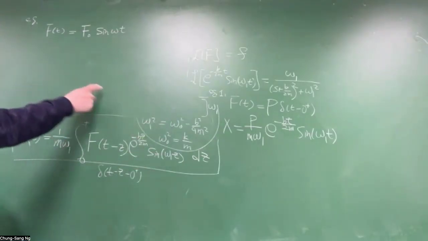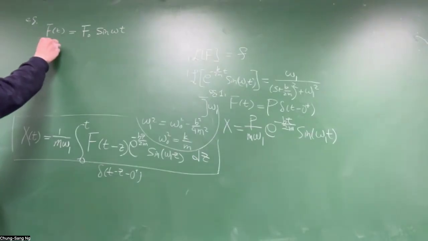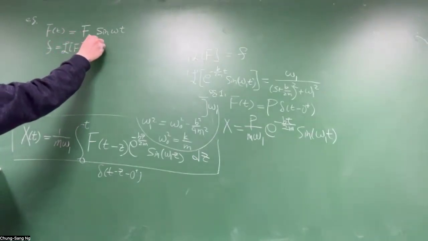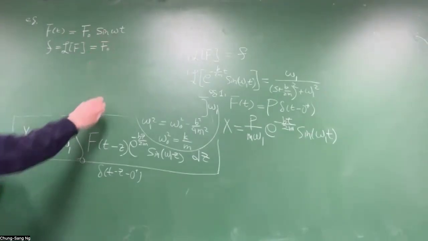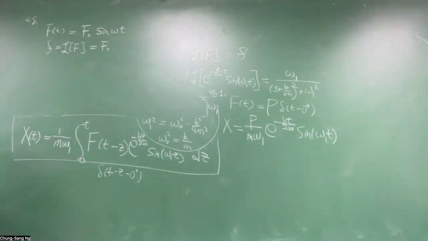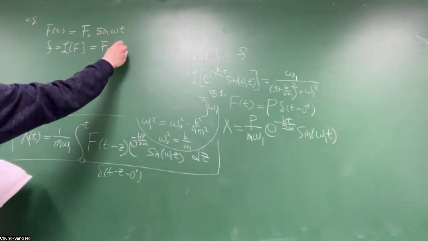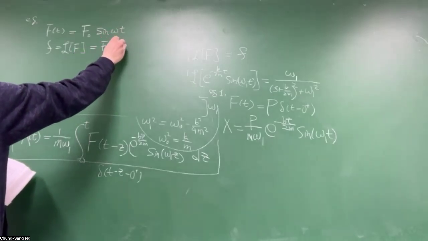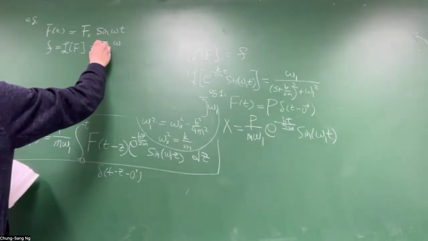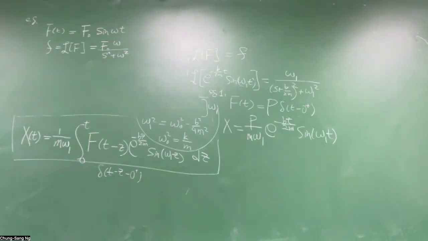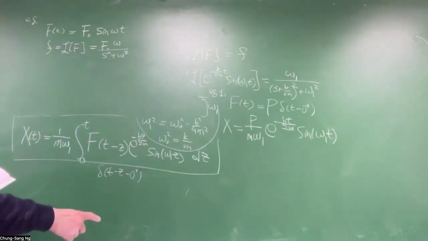And now this little f is the Laplace transform of capital F, which is just a look at the table. This is our K, originally a K in the table. So it's omega divided by s squared plus omega squared. That's this little f, right?